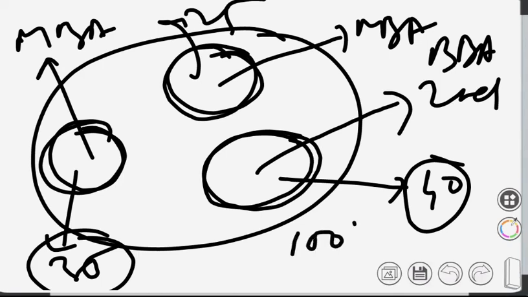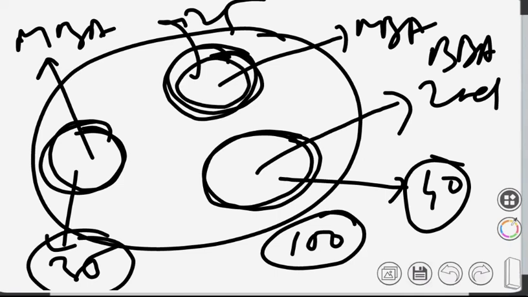I have chosen 100 students, so I can measure their height very easily and find the average height. That becomes much easier to do. So these classes can be taken as a sample, and the objective can be fulfilled.